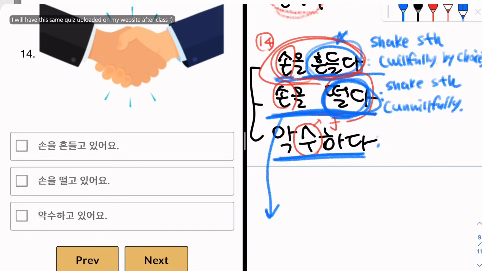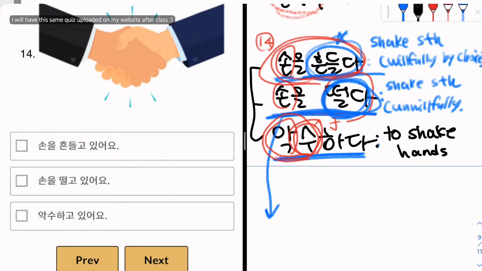And 악수하다 literally means to grab hand. When shaking hands with another person, you first have to grab hand. So 악수하다 is used for shaking hands, as in this picture.